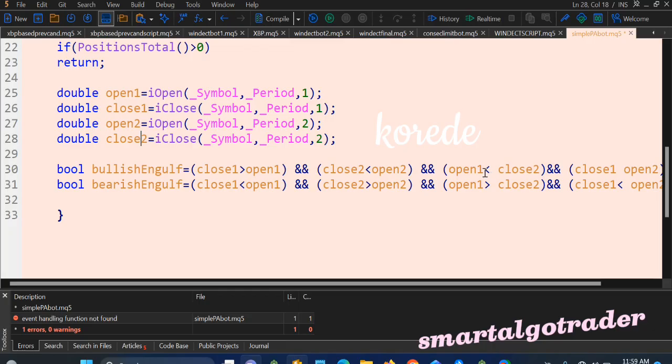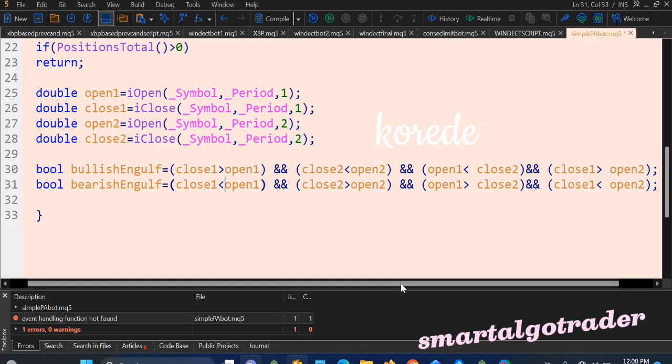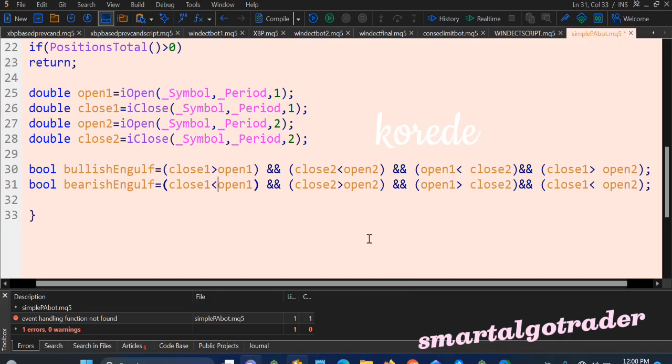So open 1 and then close 1 is greater than open 2. Now let's define this bearish engulfing. If this one is lesser and close 2 is greater, and open 1 is greater than close 2, and the previous candle close 1 is lesser than open 2. This should be correct.